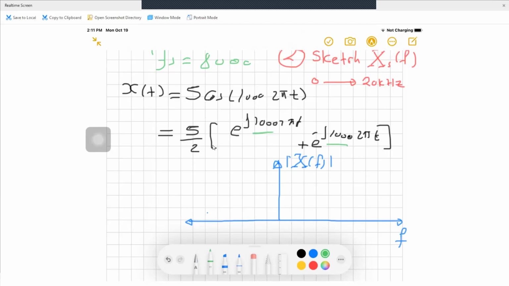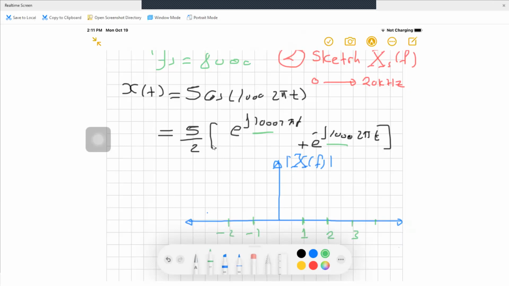So this one will be 1 kilo, this one will be 2 kilo, 3 kilo, 4 kilo, and so on. So this one is 1 kilohertz, this one is 2, 3, minus 1, and minus 2.